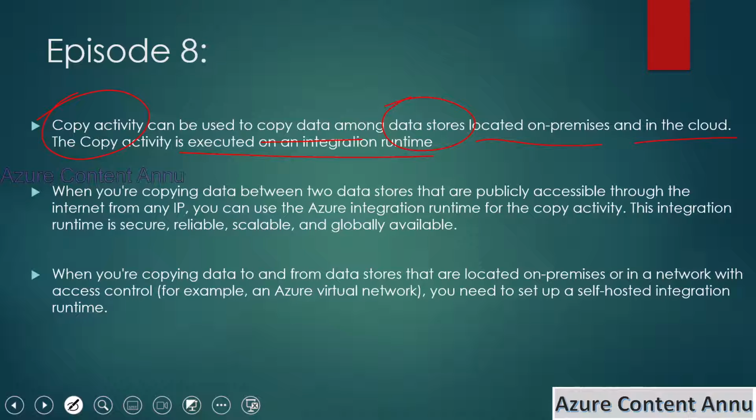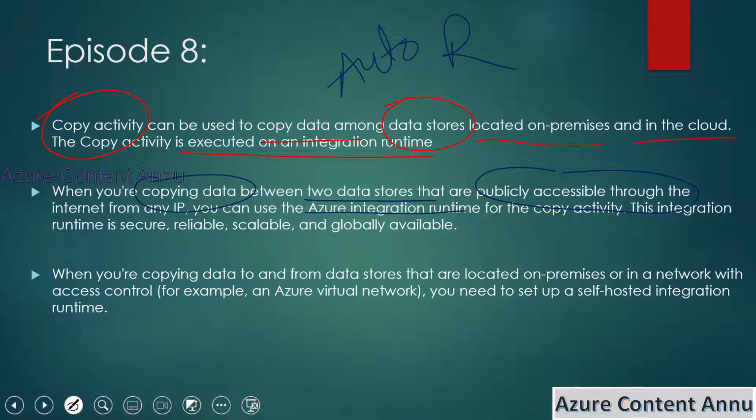For example, if you're copying data between two data stores that are publicly accessible through the internet, which means they are present over the cloud, then you need to use Azure Integration Runtime, which is also called Auto Resolve Integration Runtime.